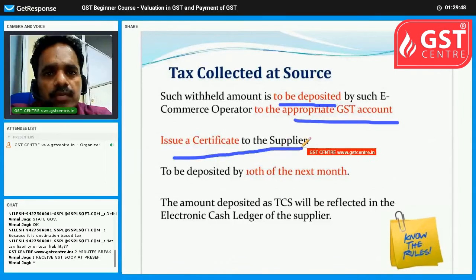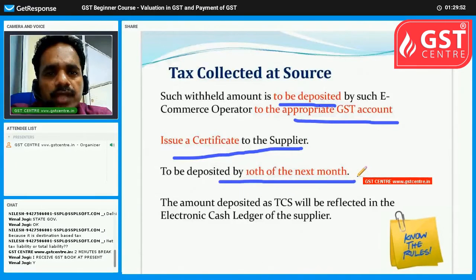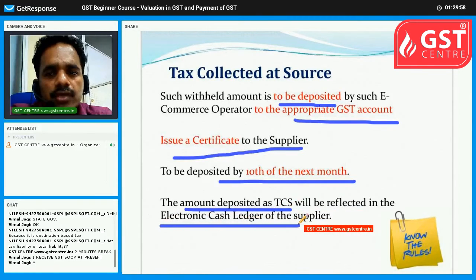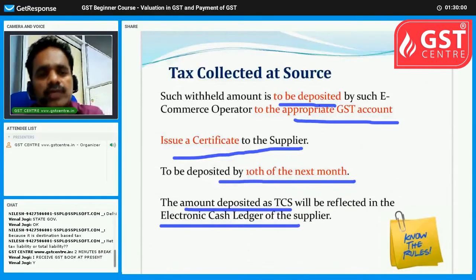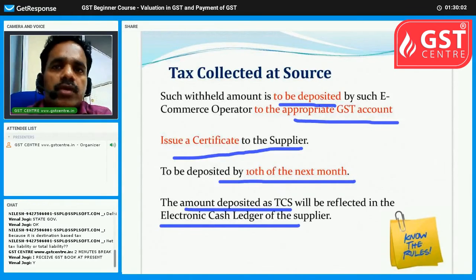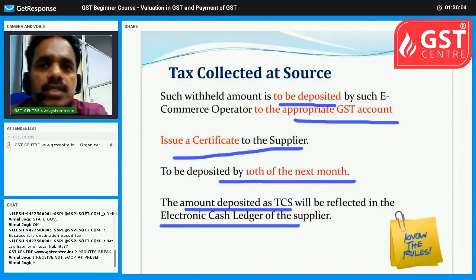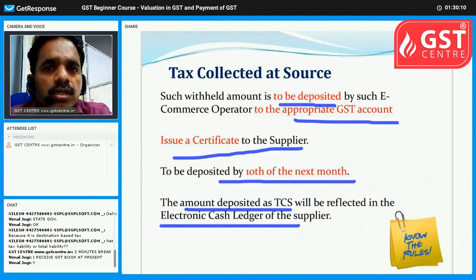The e-commerce operator should issue a certificate to the supplier, and the amount should be deposited by the 10th of the next month, and any such amount deposited will be shown in the electronic cash ledger of the supplier account of the Micromax company. Okay, in this case, if any amount is deducted by Amazon, Amazon should pay that amount to the GST account of Micromax.